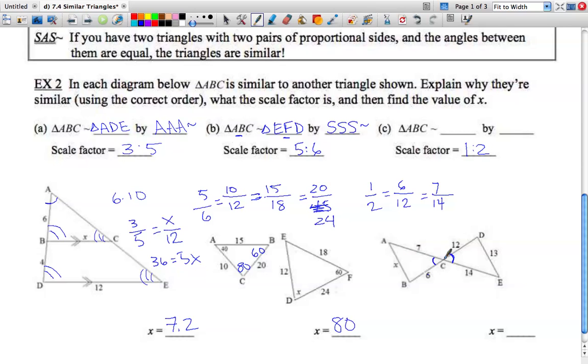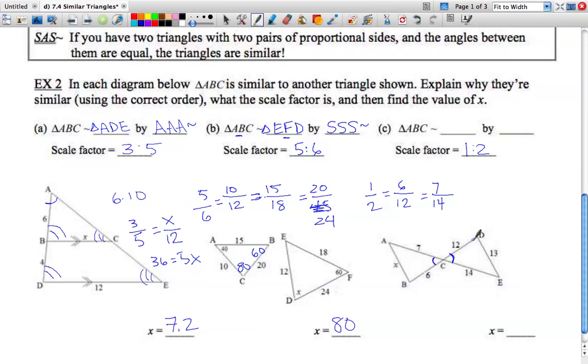Now we just have to line up carefully the vertices of the new triangle. So triangle ABC would be similar to triangle... ABC, so we're going to the small side, and then we're going to the next size.